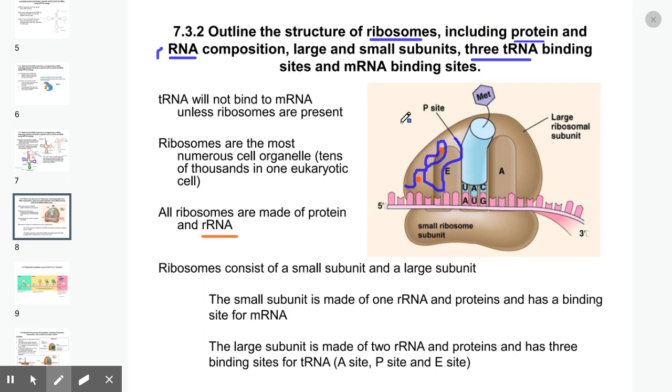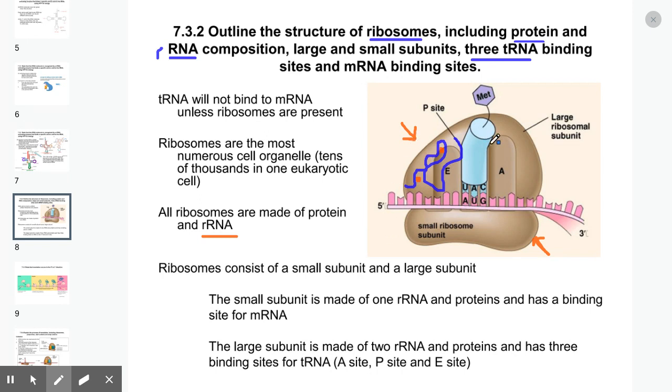Now, as I mentioned before, there's a large subunit and a smaller subunit. What I want to say about this is that the ribosome doesn't sit like this in the cytoplasm or attached to the endoplasmic reticulum. It actually only has one half and the other half, not really associated with each other yet.